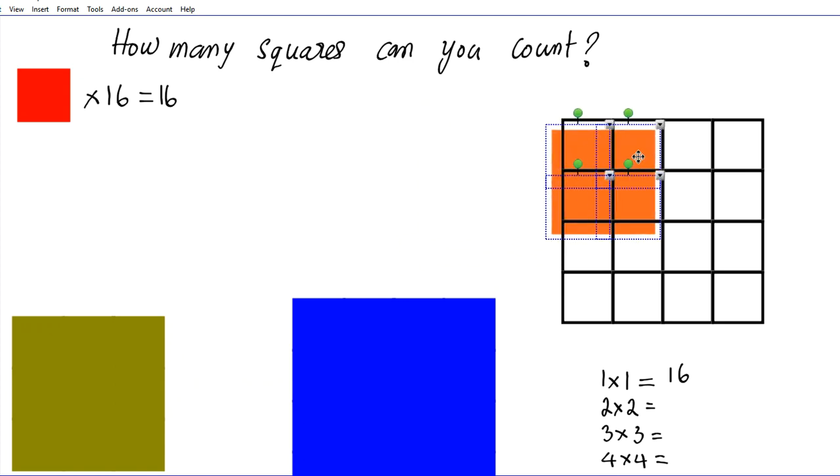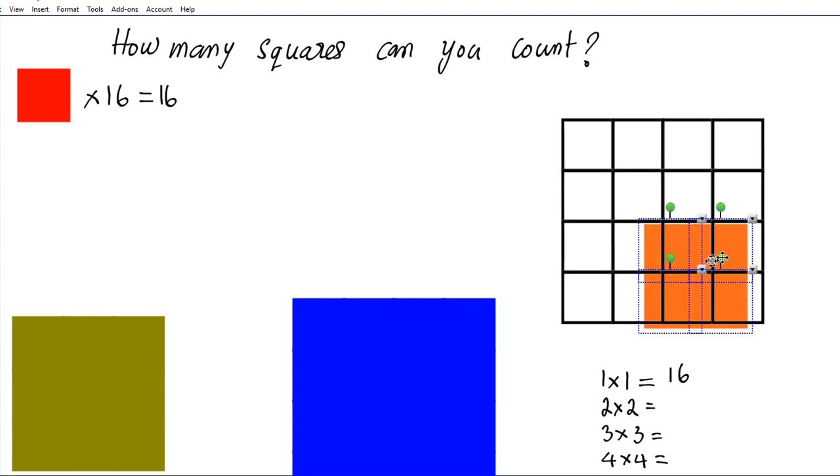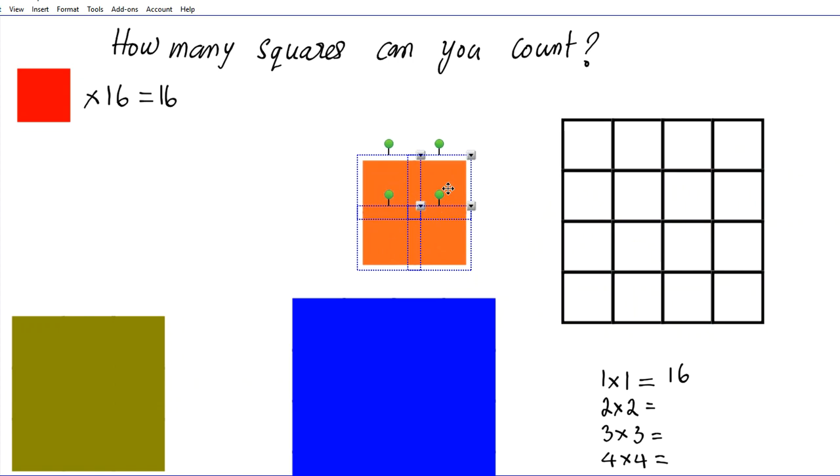So we have 1, 2, 3. So in the first column there we have 3, 4, 5, 6, 7, 8, 9. Okay, so total of 9 of the 2 by 2 squares.